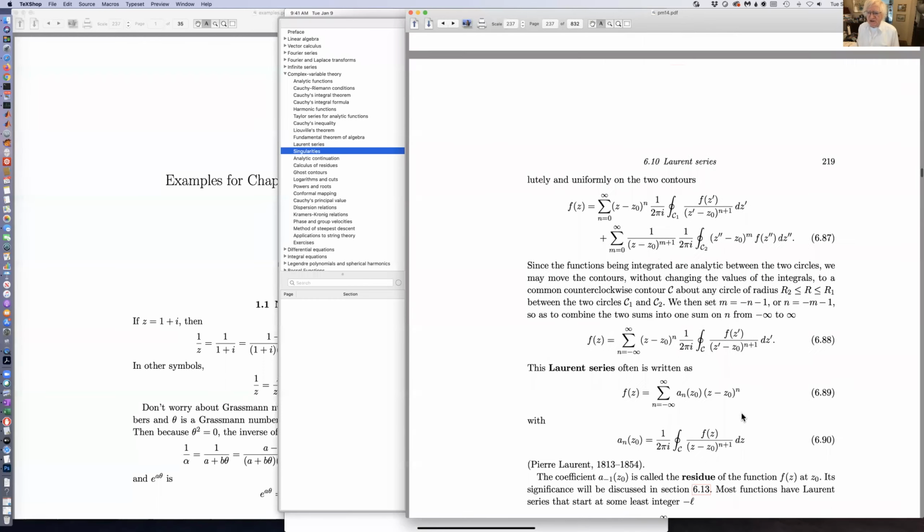I think we can certainly skip those examples and now go to the calculus of residues.